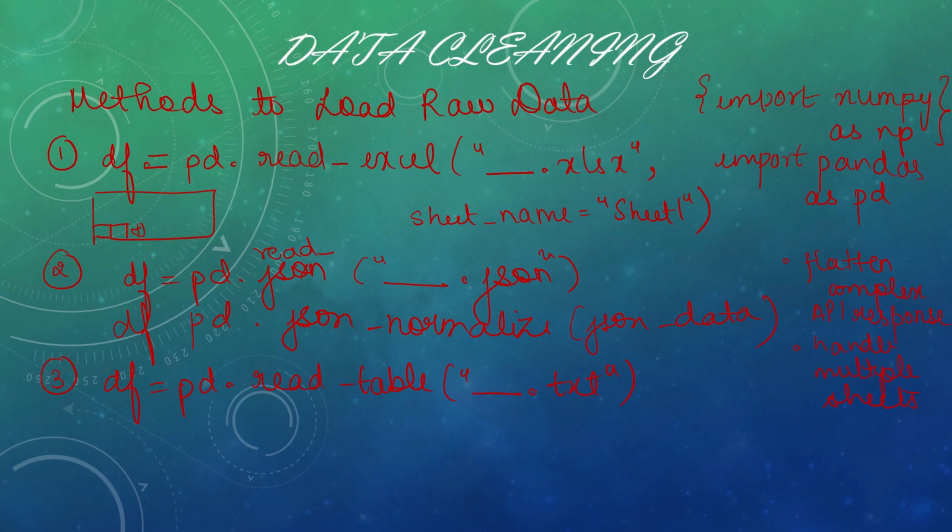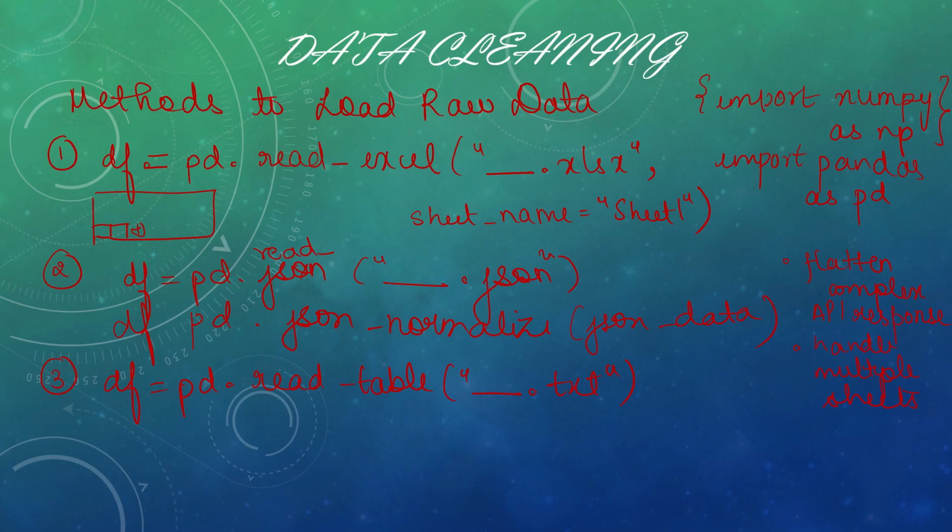And there are many others, like we have done till here. Then we have databases, APIs, web scraping, then HTML table, zip file, log data, pickle files, cloud storage. These are all sources from which you can extract raw data. So I'll not be covering all of them.